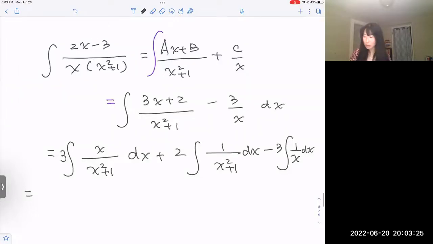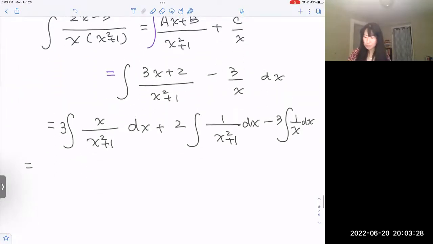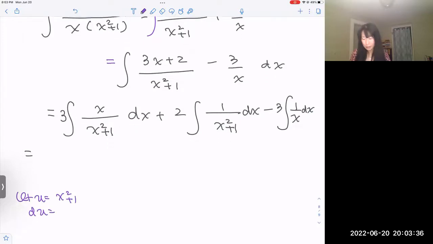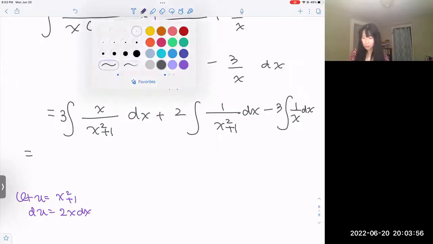Okay. So let u equal to what? x squared plus 1. Derivative, what do you get? 2x dx. 2x dx. All right. Okay, then we don't have a 2, so we divide by 2.